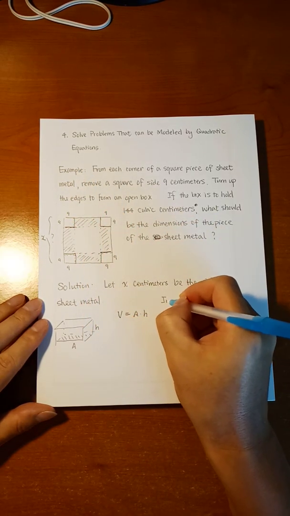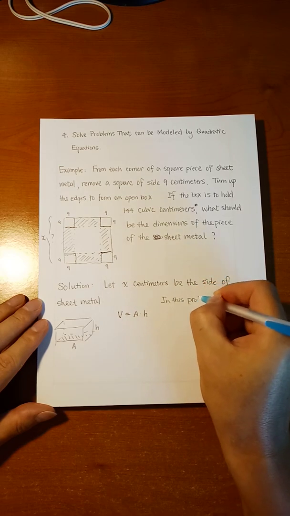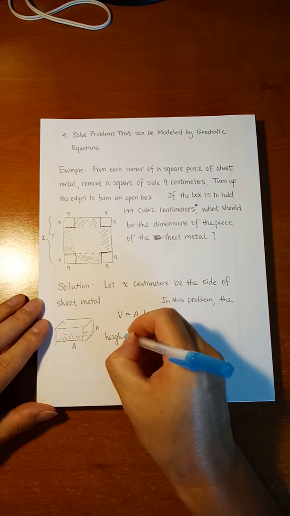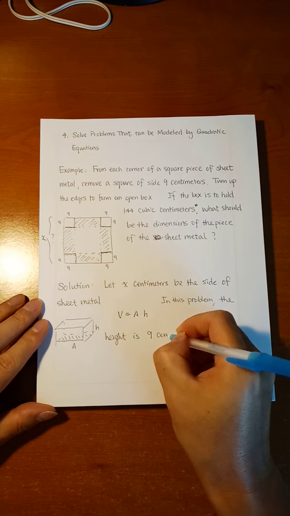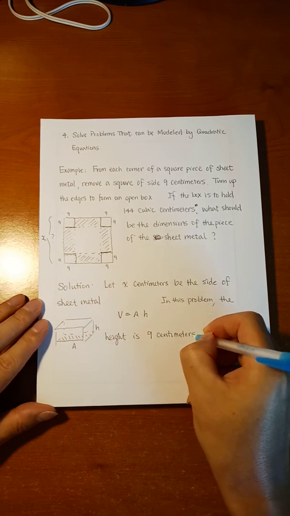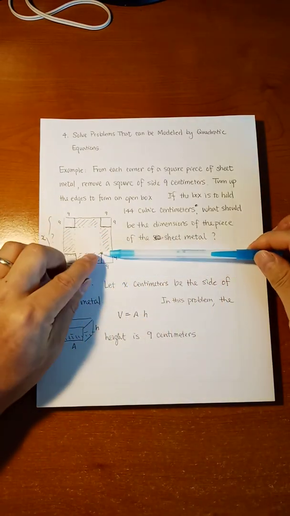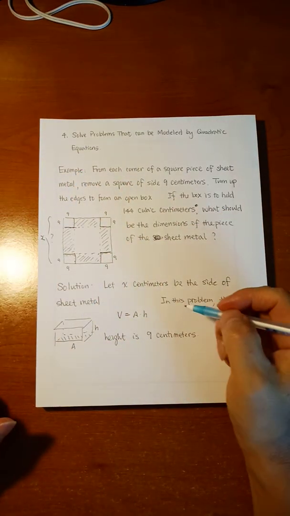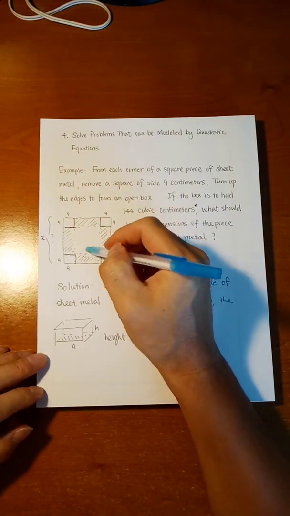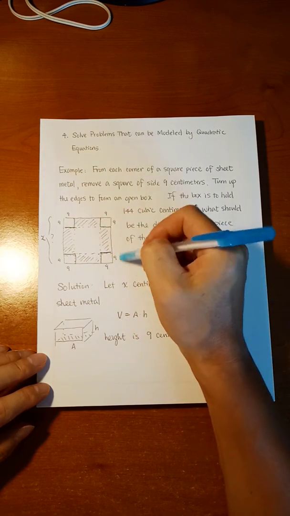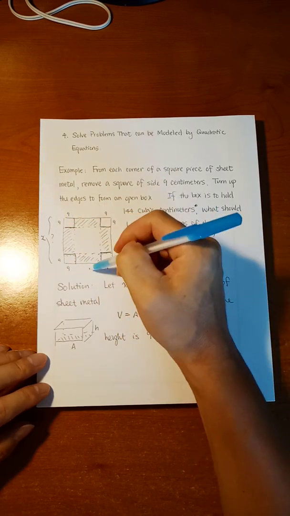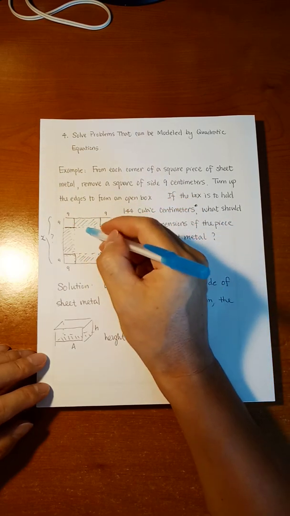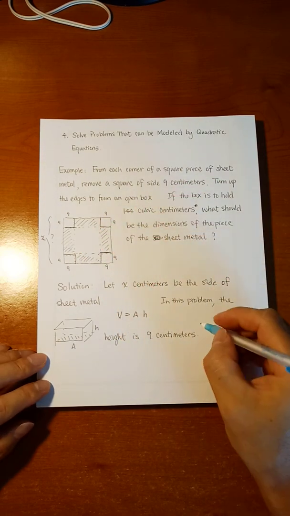So in this problem, the height is 9 centimeters. You turned up, so that's a height. And the base of this open box is this square. Remember, the original sheet is a square. You remove 9, 9, 9, 9 from each corner, so the base is also square.